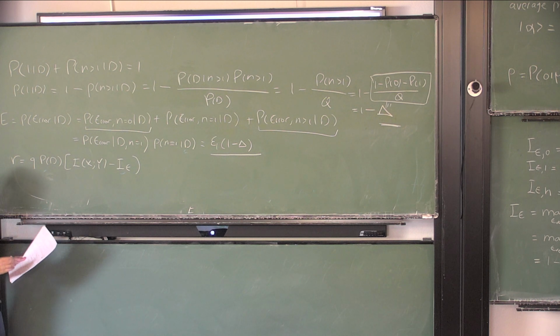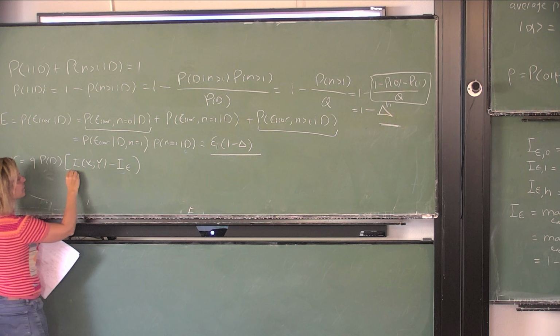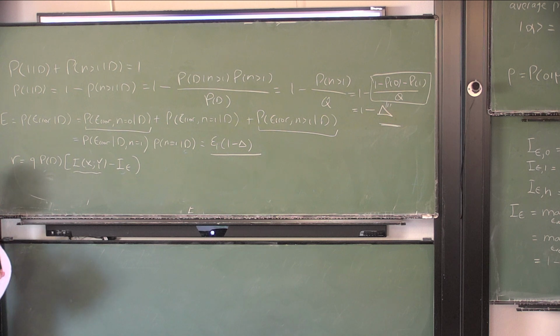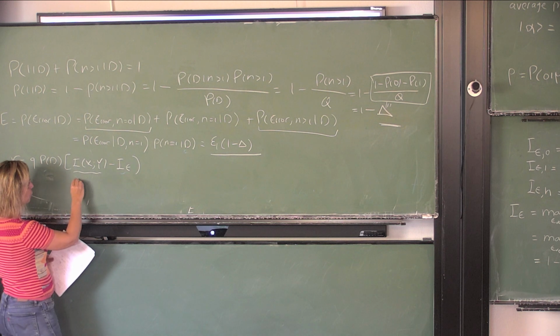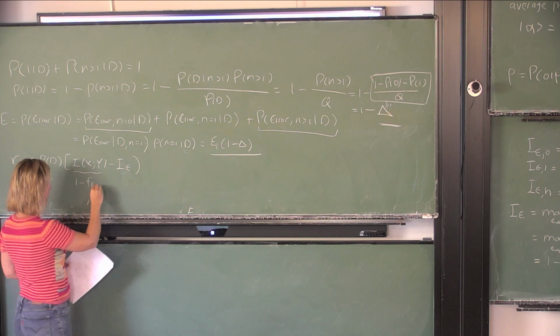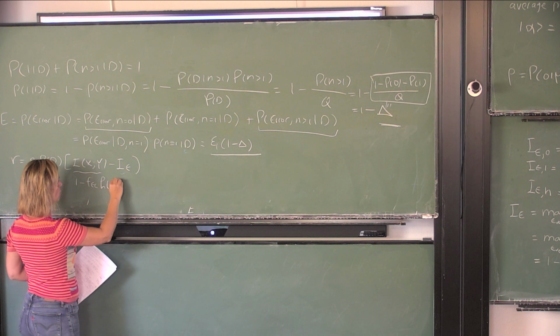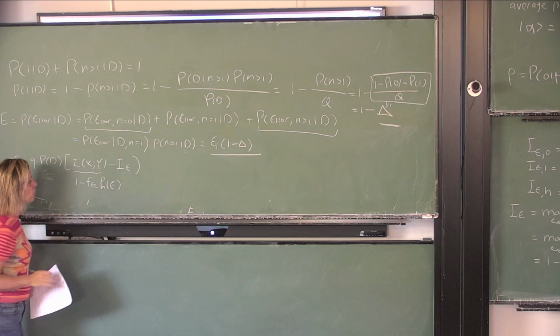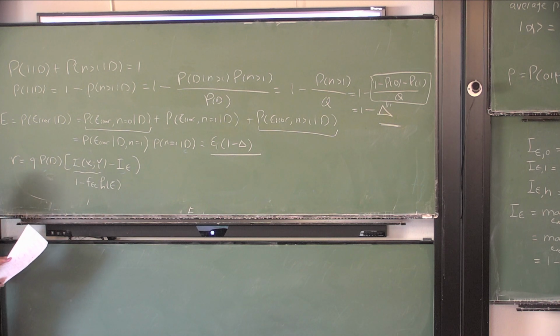If you consider that this is a binary symmetric channel with some imperfect error correction, and I'm going to assume that you know what I mean, hopefully you saw that, this will be equal to 1 minus some factor for the error correction and the entropy, which is a function of the full error rate.